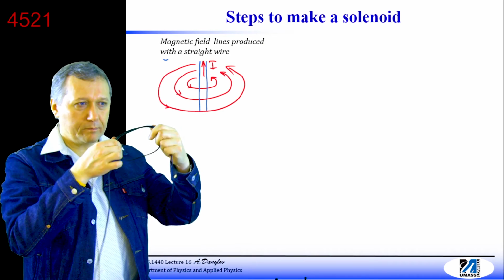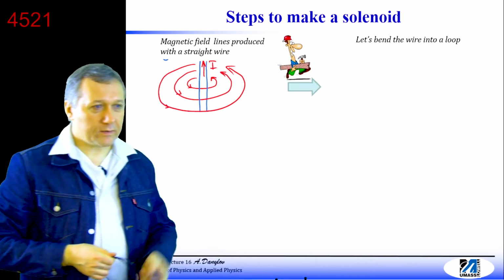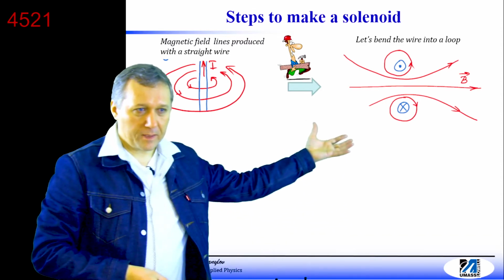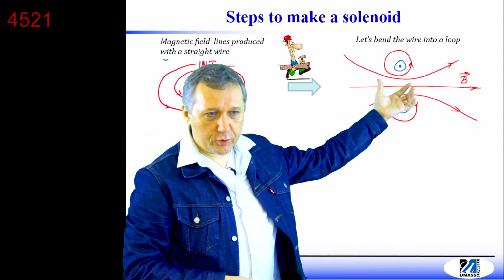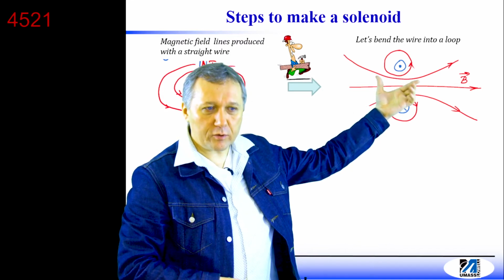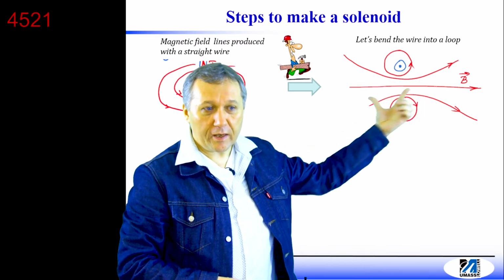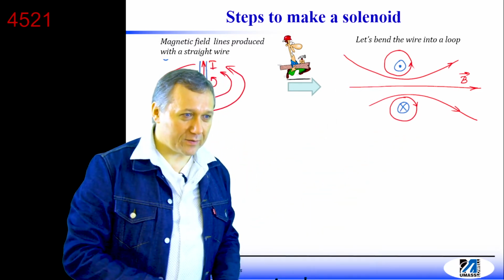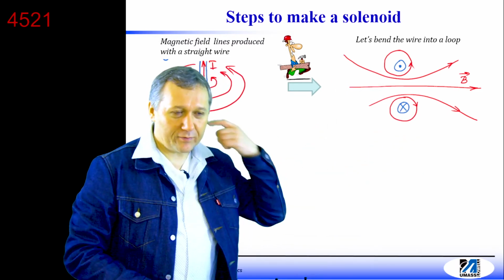First loop. I'm going to get, as a result, something like this: magnetic field lines. When you are closer to the wire, it's still kind of circular. But as you move farther and farther away, you will see the circles become more and more distorted, with very large radius.